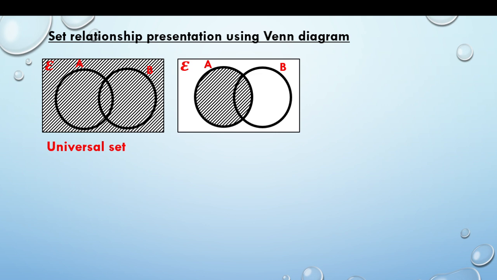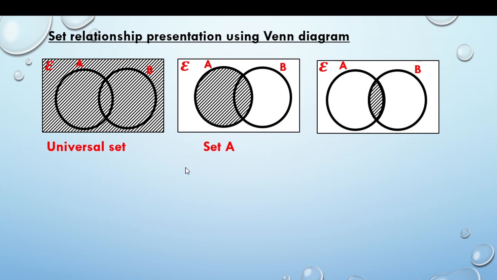Here it just reads as the set A, because this shading is shading for set A. So it can be written as set A. When we shade like this, we are trying to list only the elements that are in set A.